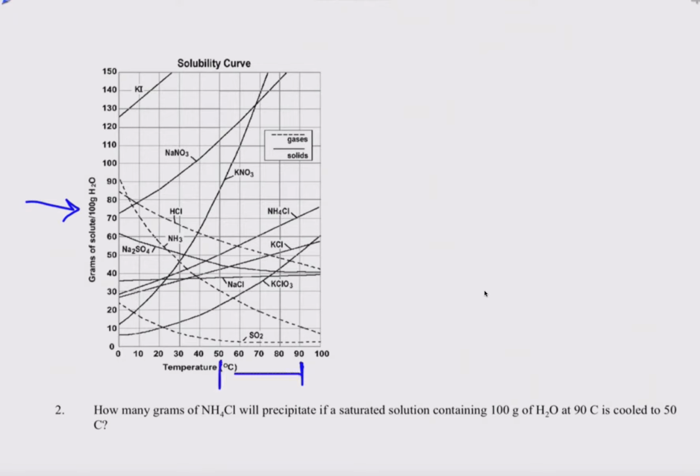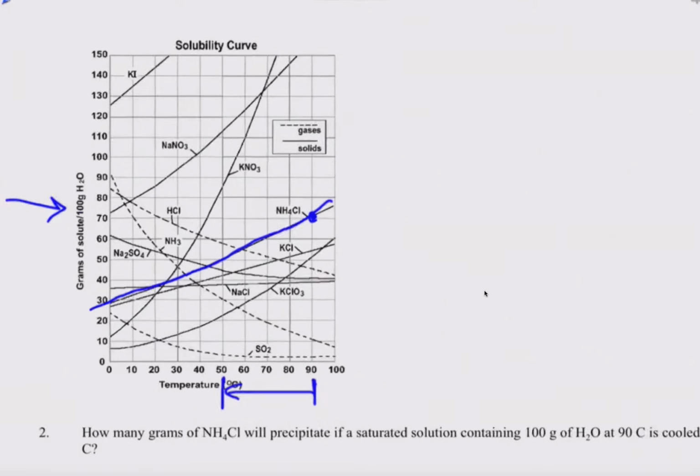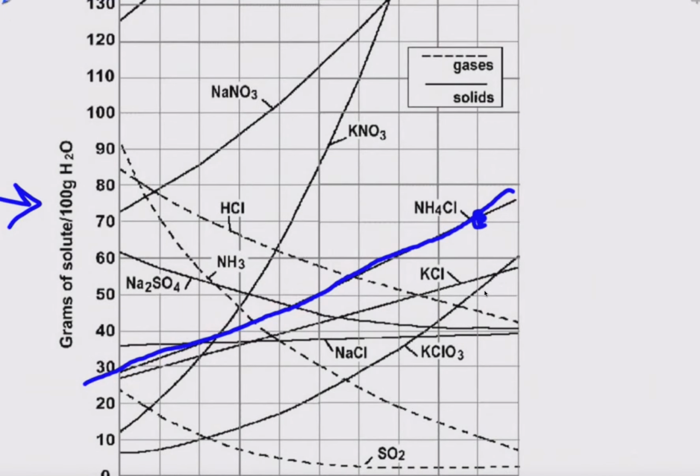So we're moving in this direction from 90 to 50, and this time we're looking at the line for ammonium chloride, which is this line here, and at 90 degrees Celsius, we're right about here on the chart. So that's roughly 70 grams.